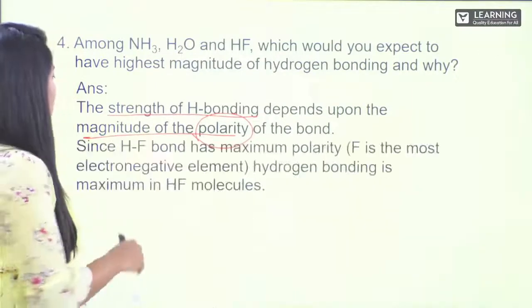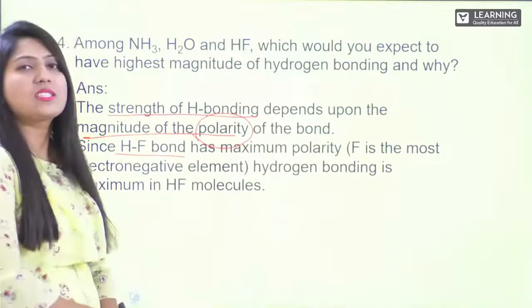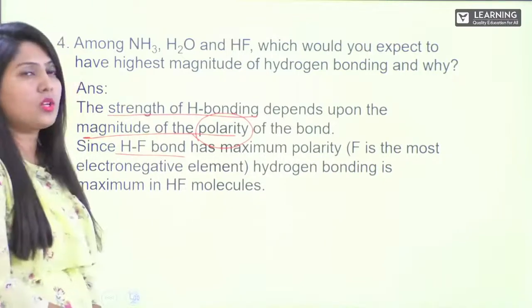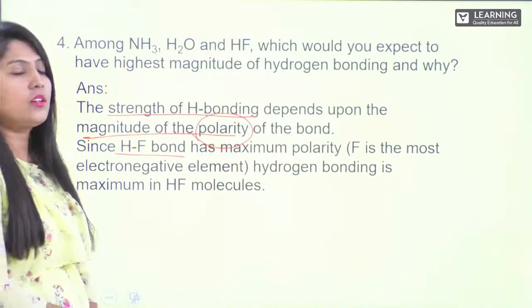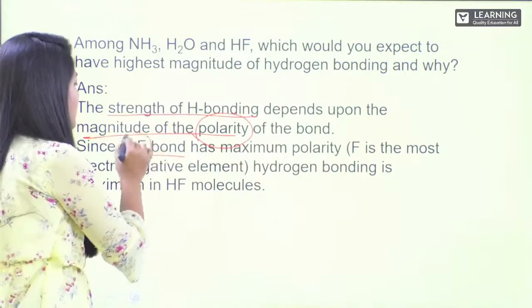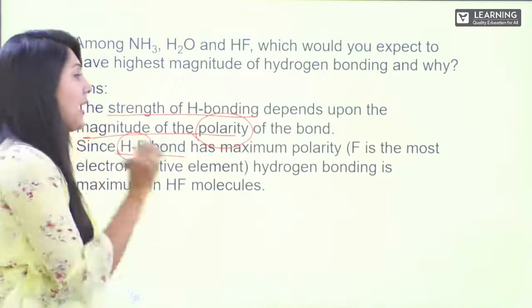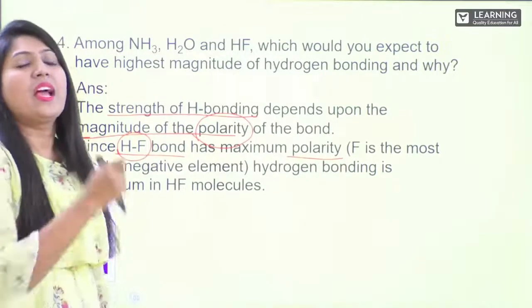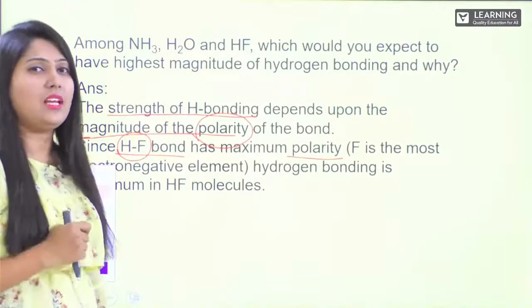So the hydrogen bonded with nitrogen, with oxygen and with fluorine: the hydrogen bonded with fluorine has the maximum polarity. As we know, fluorine is the most electronegative element.